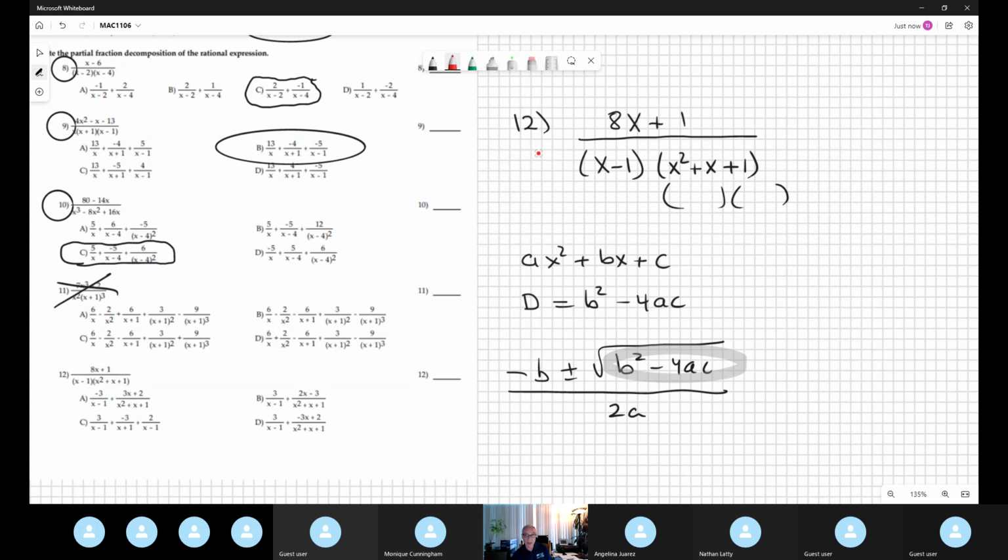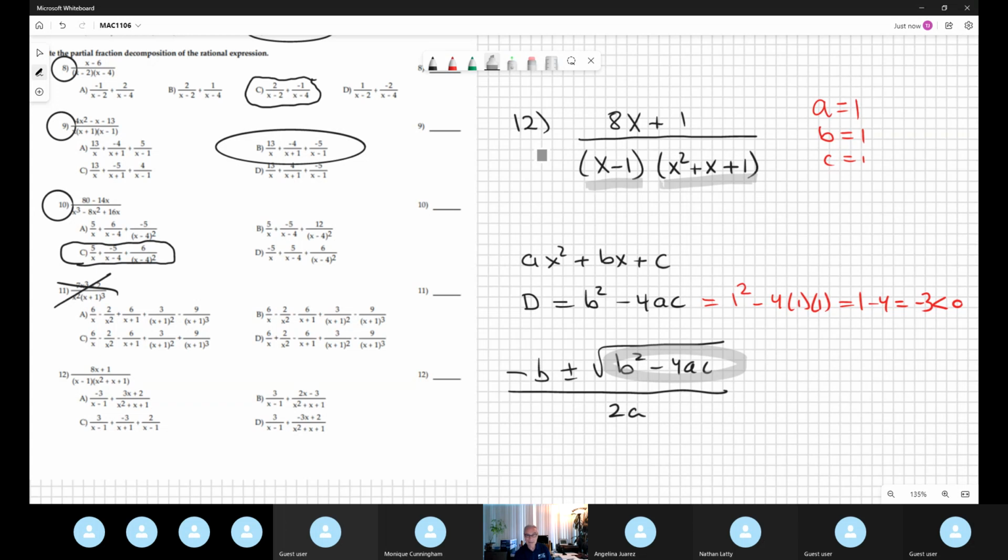In our example, it's obvious that A is 1, B is 1, and C is 1. Everything is 1. So when you plug it in, it's 1 squared minus 4 times 1, which is 1 minus 4, negative 3. It's negative, which indicates a negative number inside the radical, and we have imaginary, or much better, complex solutions. And complex means the factorization like that is impossible. So this is considered an irreducible quadratic.